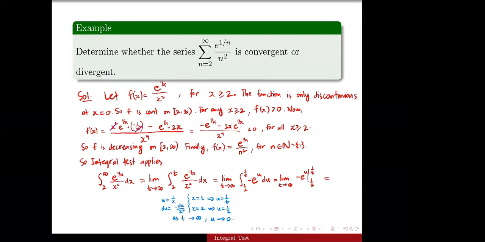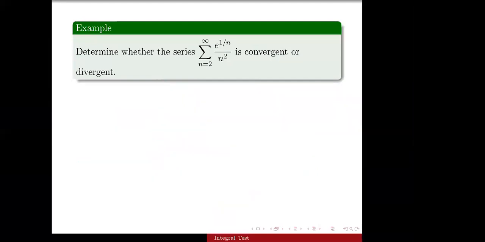So equals dot dot dot. So we will have here the limit as t approaches plus infinity of negative e raised to 1 over t plus e raised to 1/2.